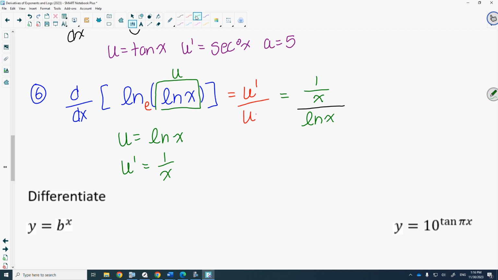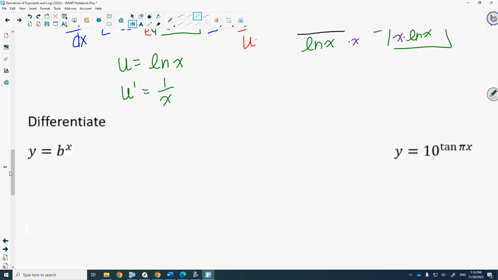I've got a complex fraction, so I'm going to multiply top and bottom by x to get rid of this denominator of x. x over x will cancel to give us 1, and then x times the natural log of x. Okay, so that would be the derivative of the natural log of ln x.